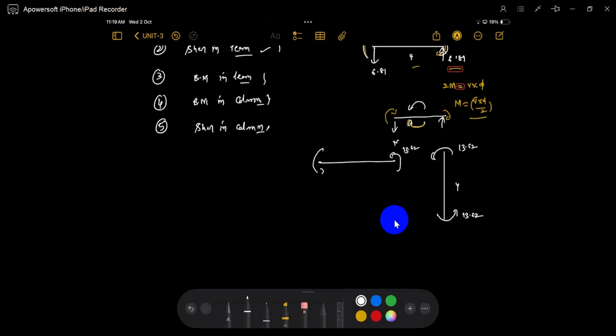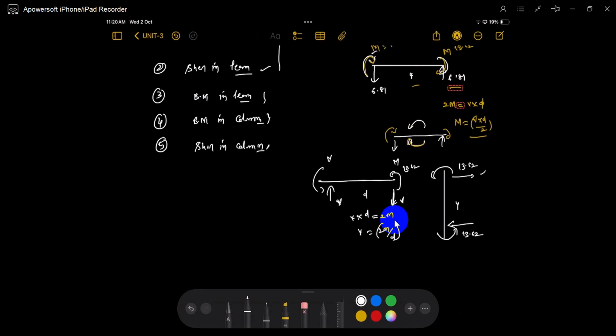T is 4, so M by 2. So the moment is 13.62 divided by 2. Which direction? See, this is the direction to counterbalance those moments.